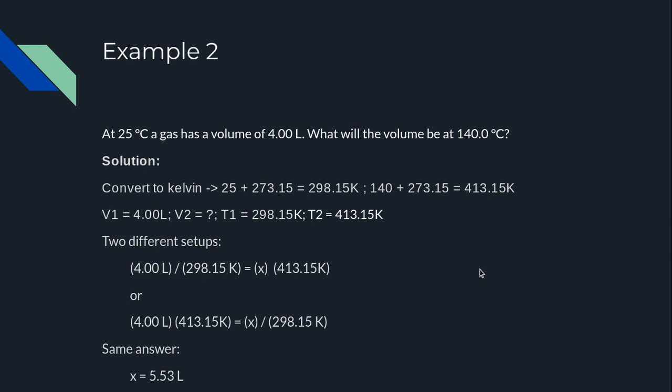Example 2. At 25 degrees Celsius, a gas has a volume of 4 liters. What will the volume be at 140 degrees Celsius? Solution. Convert every temperature to kelvins because you're given Celsius. 25 plus 273.15 equals 298.15 kelvins, and 140 plus 273.15 equals 413.15 kelvins.